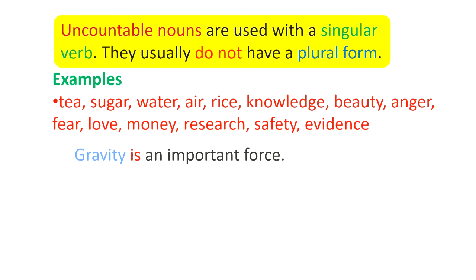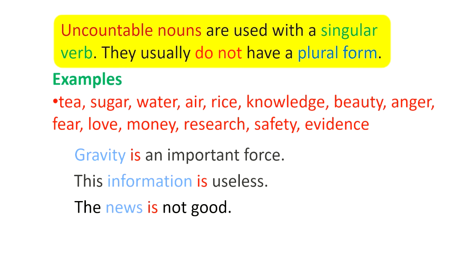Like gravity is an important force. Here, gravity is an uncountable noun, so we will use a singular verb with it. In the same manner, this information is useless. Here, information is an uncountable noun, so is, that is a singular verb, will be used with it.